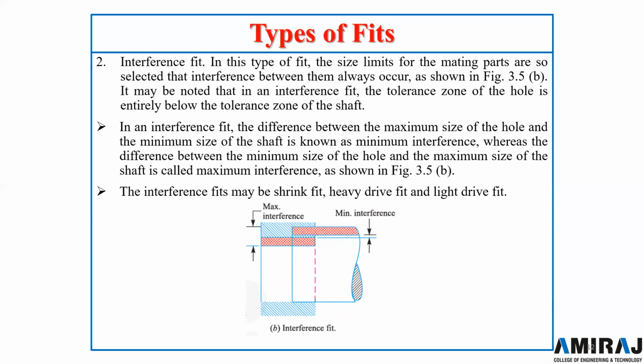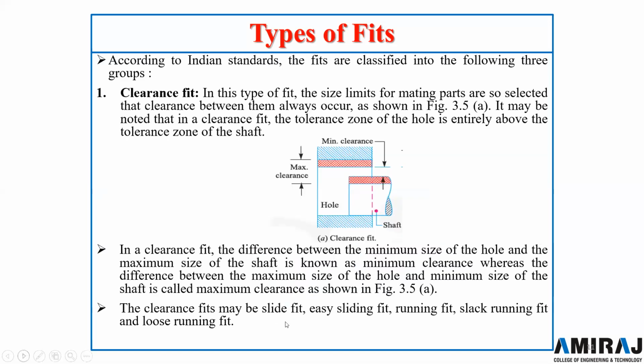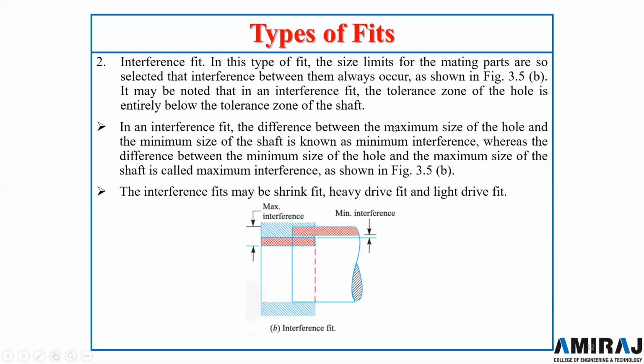In that we get the maximum size of hole and minimum size of shaft. Sorry, in the previous one we got the maximum clearance from the difference between the maximum size of hole and minimum size of shaft, while here it is dependent on the size of shaft.